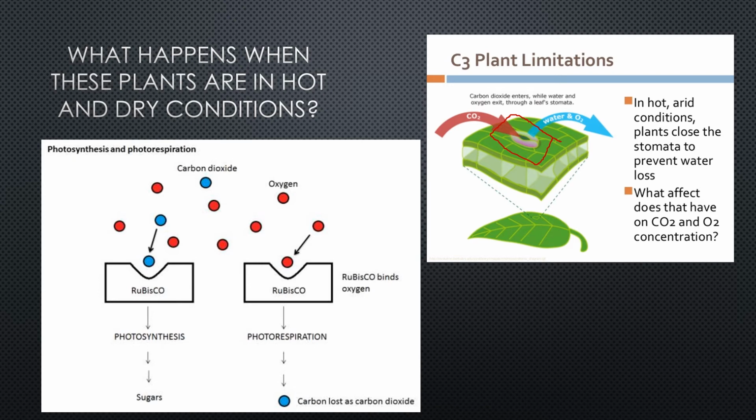They count on the turgor pressure within each cell to hold the structure of the plant. So without that water, the plants would wilt, possibly die. So they close off those stomata when it's super dry. But what that means is that you're going to have a lack of carbon dioxide coming in.